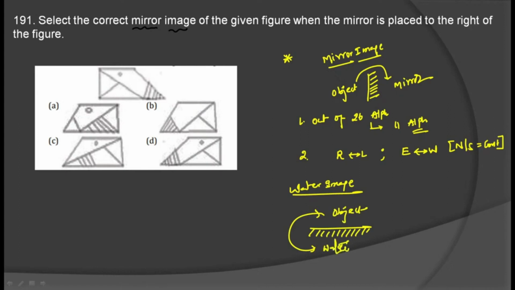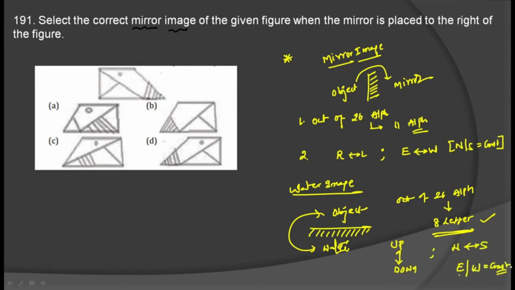Again there is information here: out of 26 alphabets, 8 letters look similar in water. Up always becomes down, and down always becomes up. As per direction, north becomes south and south becomes north, with east and west constant. If you know all these points, you can solve most questions in non-verbal reasoning. Non-verbal means it is related to images.